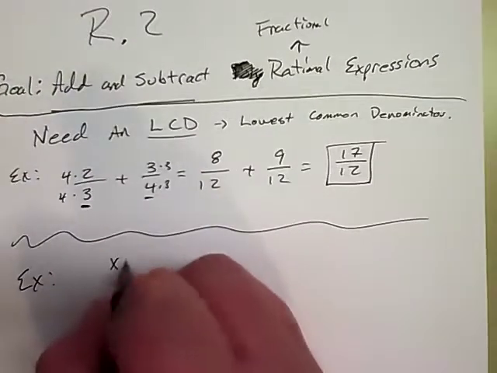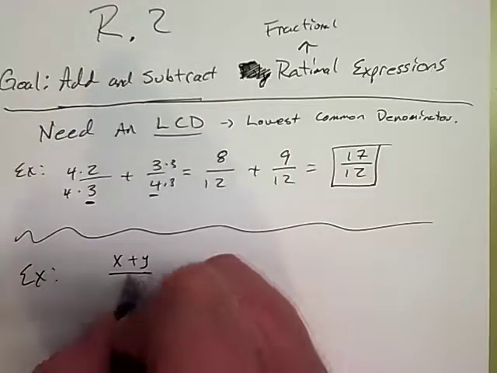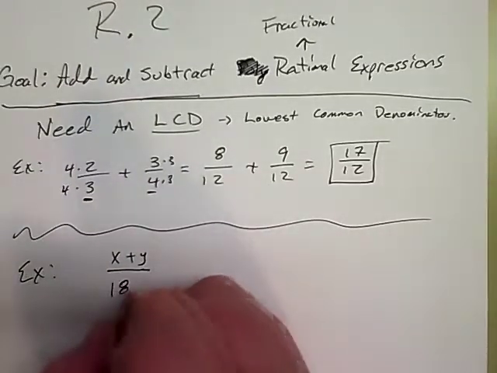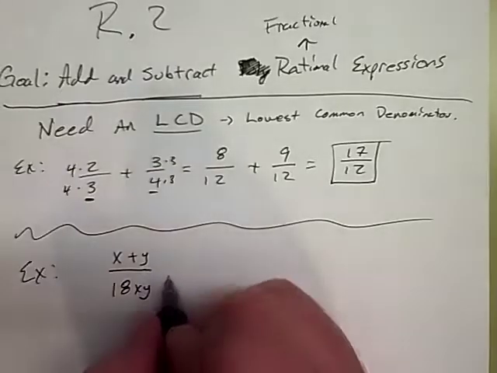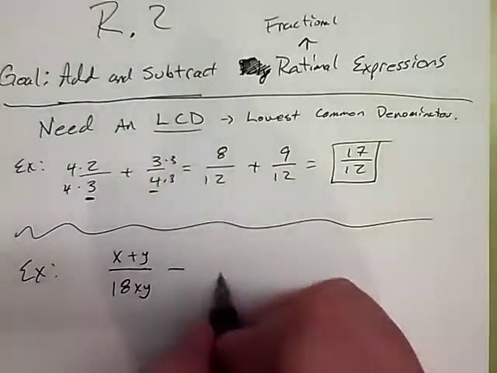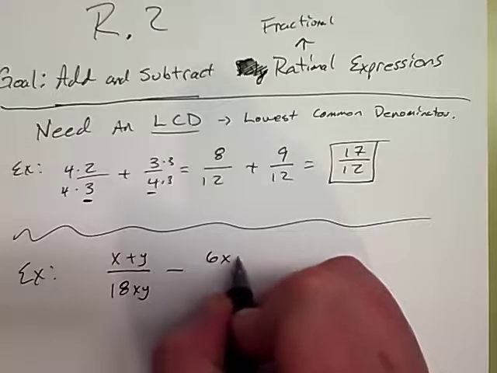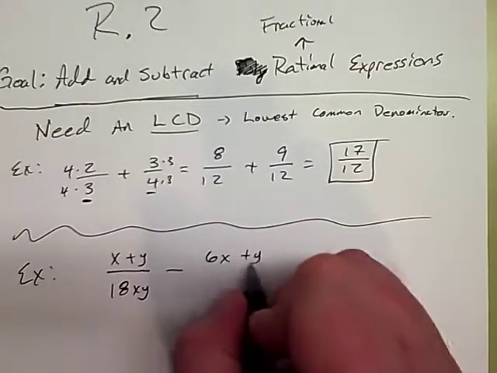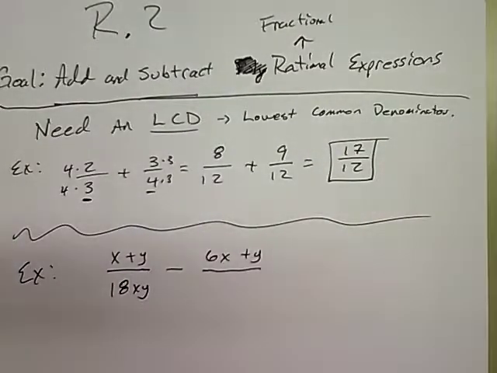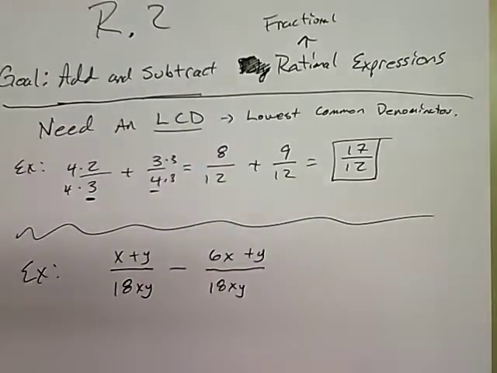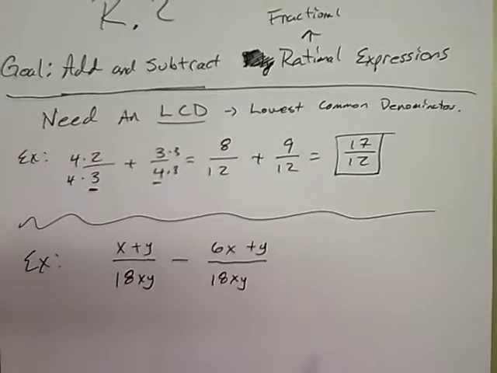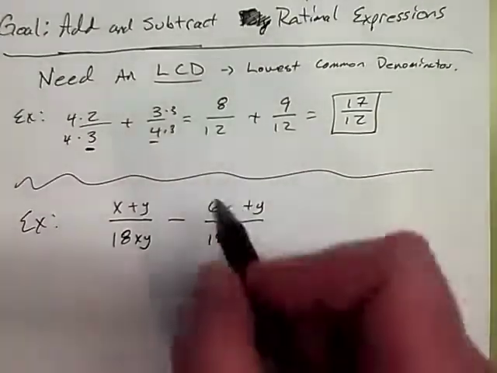So the first example we're going to take a look at: (x + y) over 18xy minus (6x + y) over 18xy. All right. So notice what happened over here.